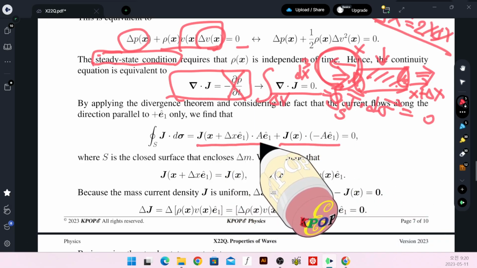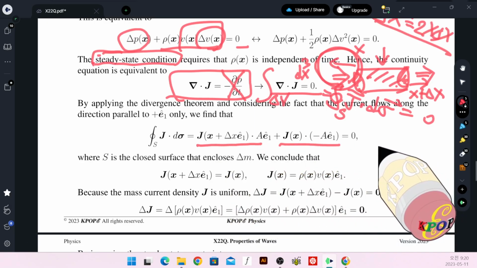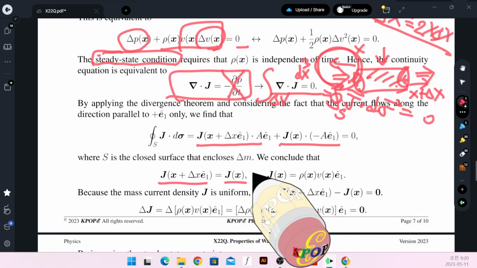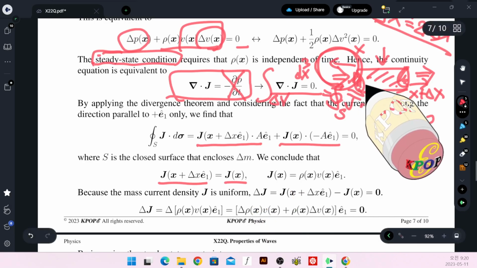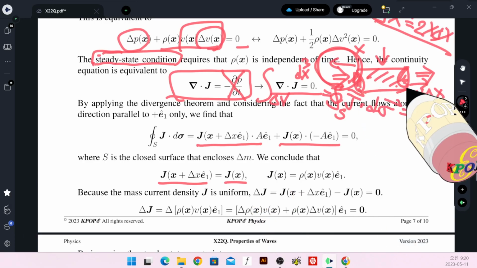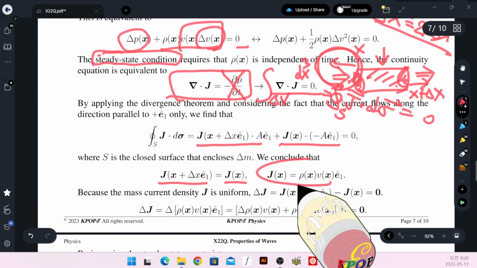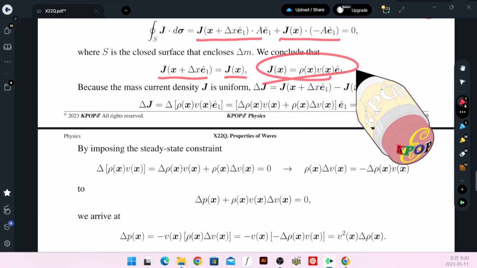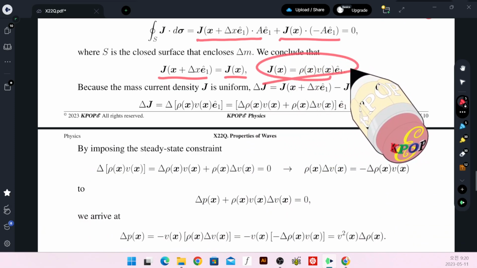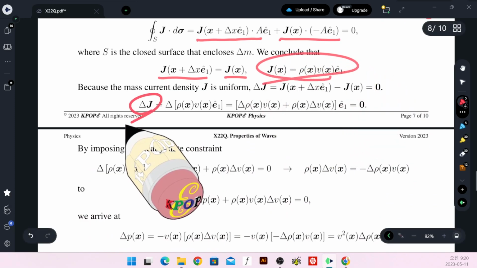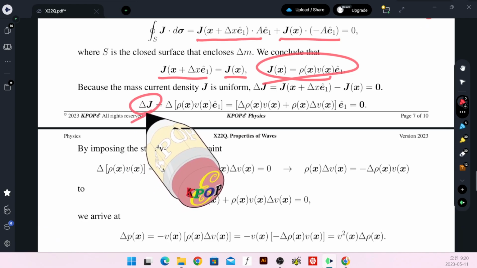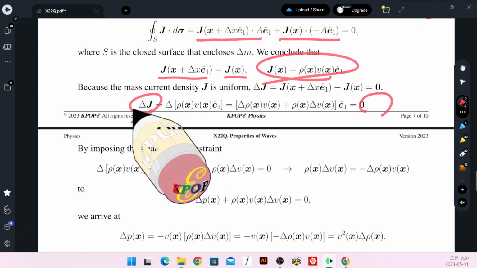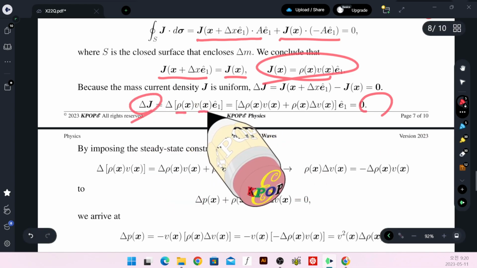If you simplify the whole expression, what I find is the current density is invariant because the cross-sectional area is fixed to be constant. As a result, this current density conservation states that the change in this must vanish, but this current density is a product of density and velocity.